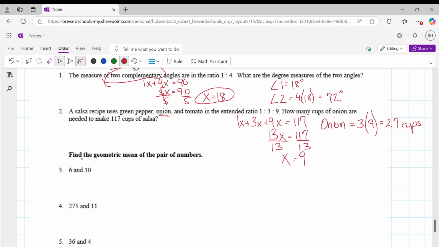Problem number 3: find the geometric mean of the pair of numbers, 6 and 10. So our geometric mean is equal to the square root of 6 times 10, which is the square root of 60, and that's equal to 7.7.